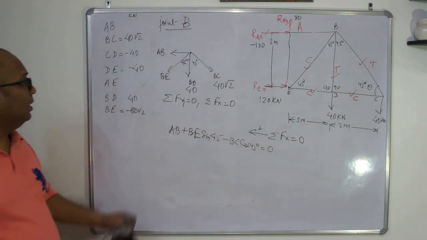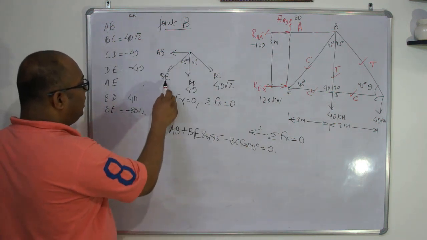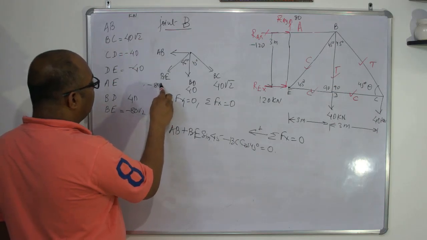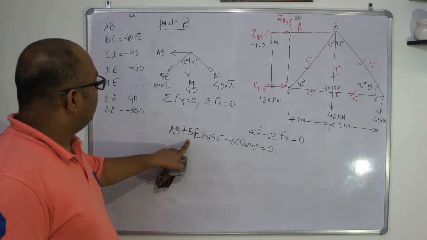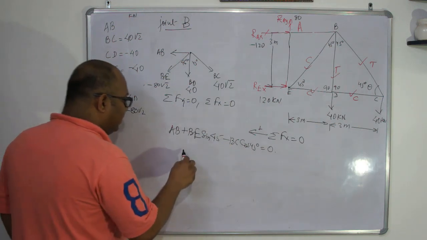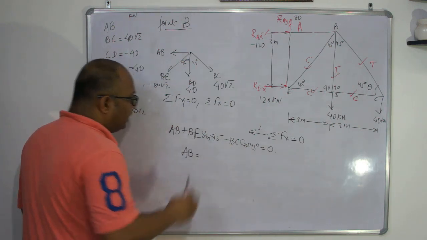Is that okay? Whose values are known to us? BE is also known to us as minus 80 root 2. BE is known, BC is known. So AB we can get directly.